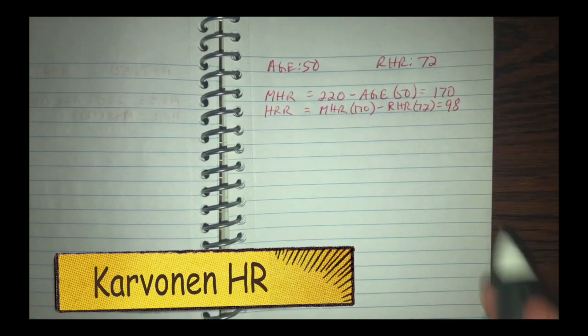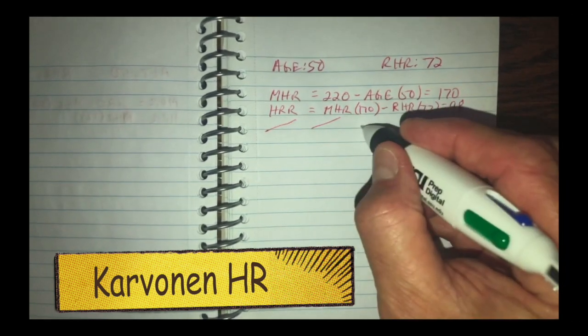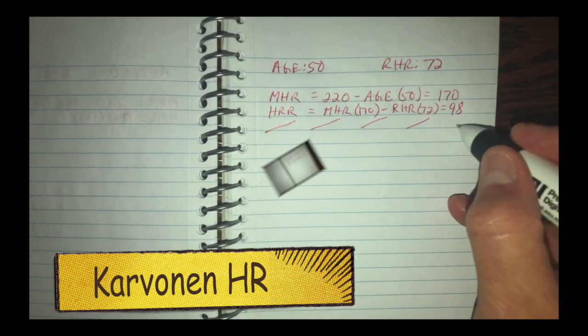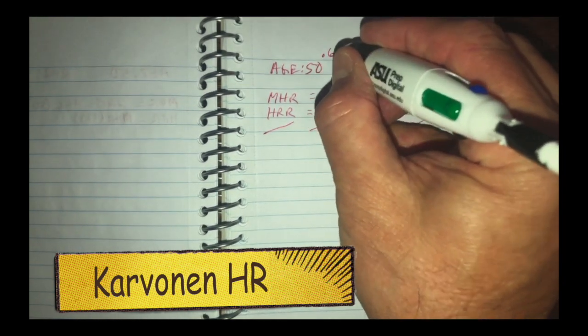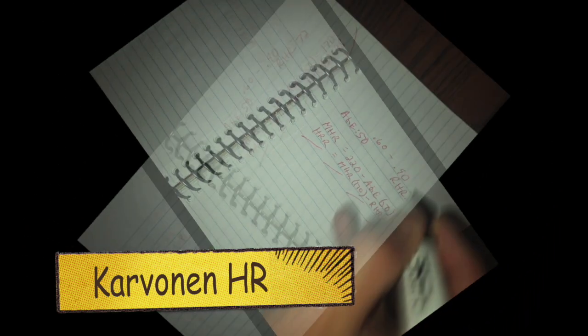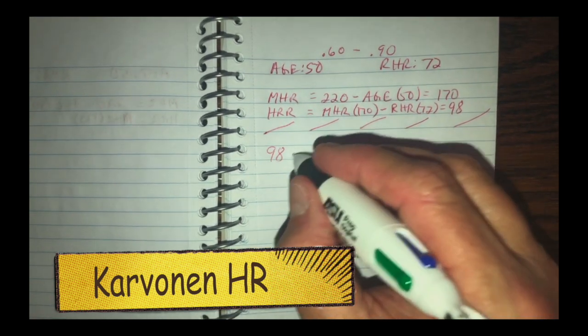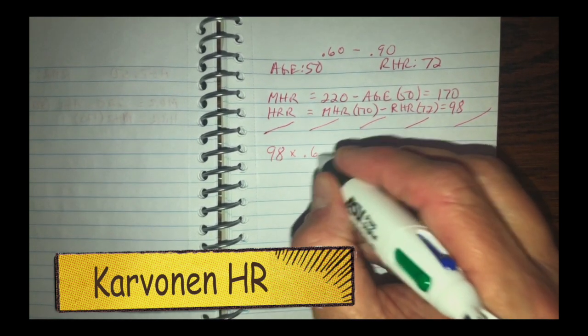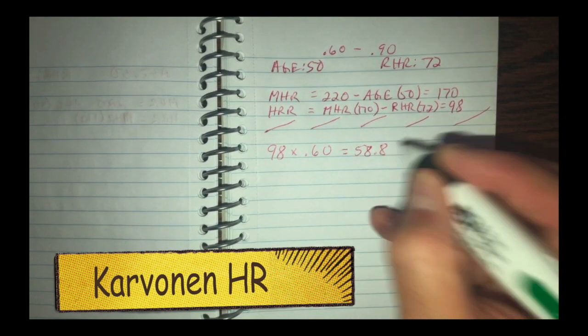So now I have my heart rate reserve of 98. That is the number I can work from now on. Remember, we are looking at this for 60% to 90%. So now I can take the number 98, which is my heart rate reserve, and I can multiply by 60%, and I will get a number that ends up in a decimal.